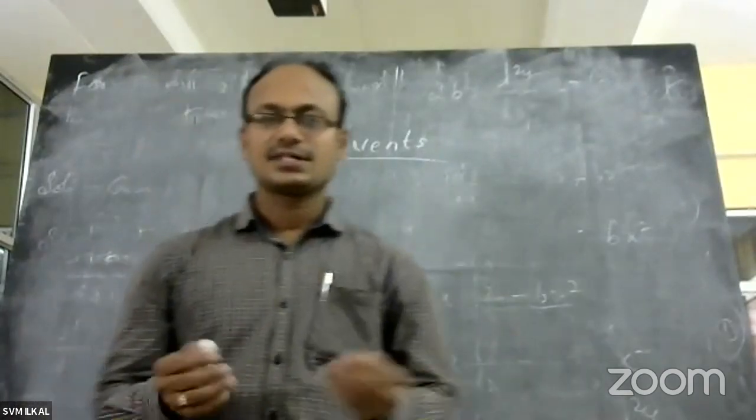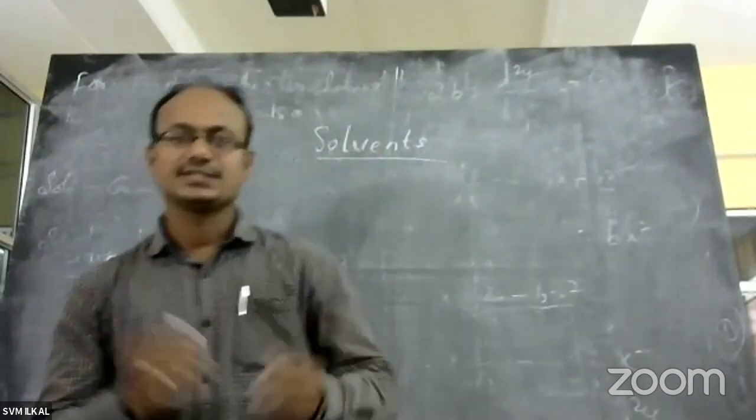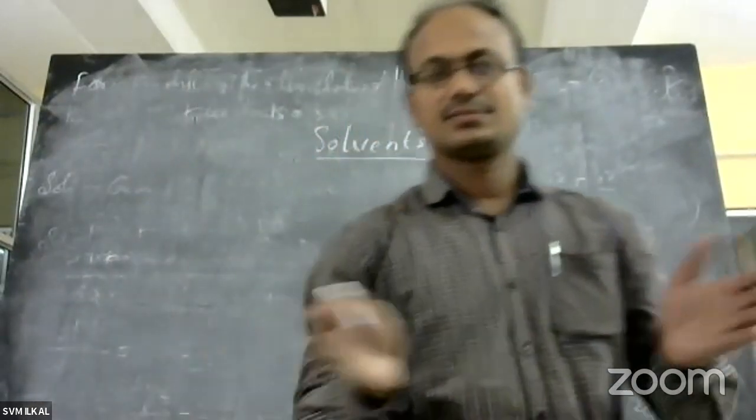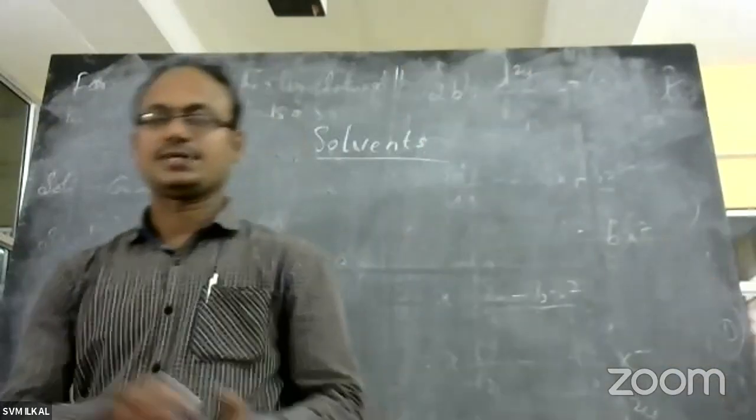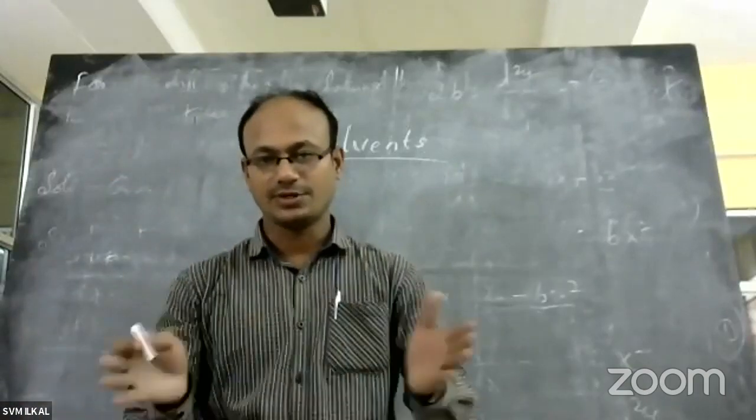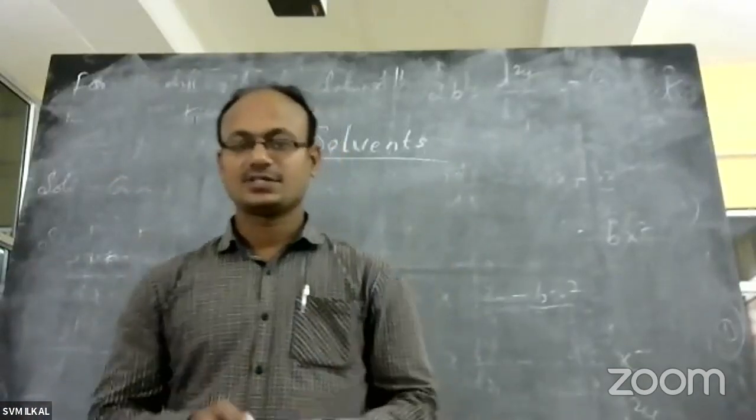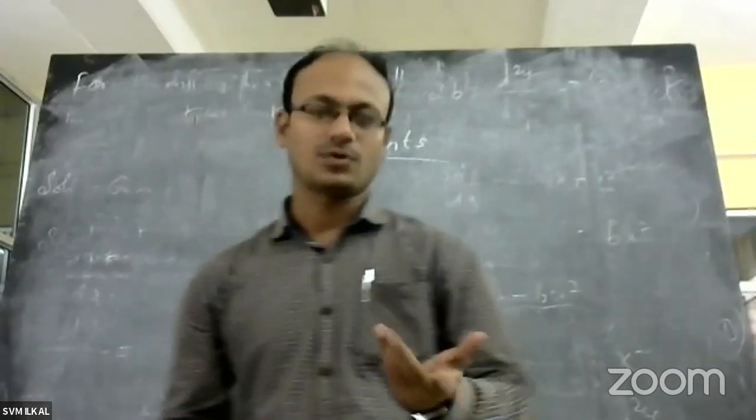Ionizing solvents are the ones that ionize and supply H plus or H minus. Example is water itself, H2O.